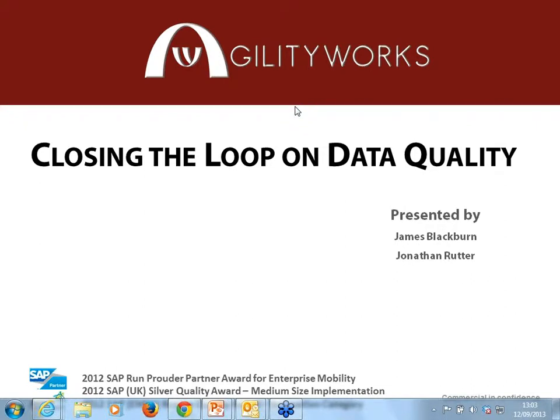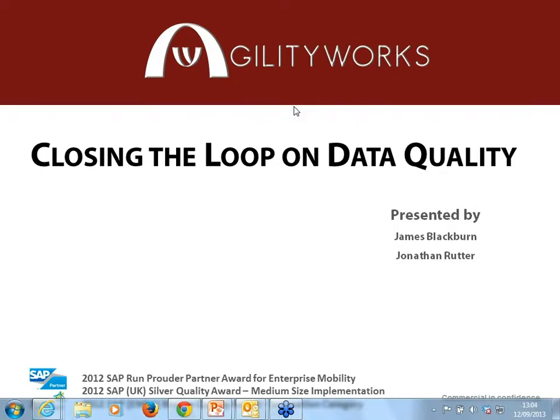My name is James Blackburn. I'm a consultant here at AgilityWorks. My primary specialism is in and around the EIM space, particularly with regard to the BusinessObjects and SAP offerings in this space. I'm here with my colleague today, Jonathan Rutter. Hi, I'm Jonathan Rutter.